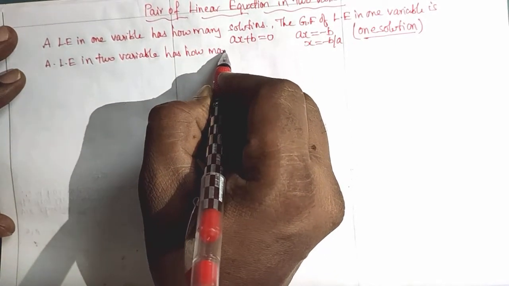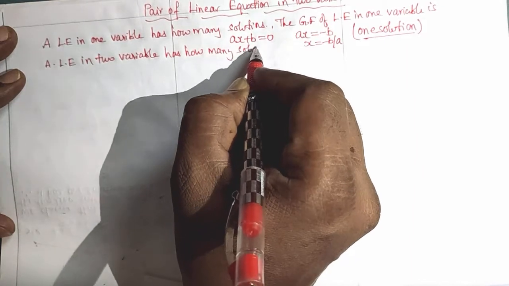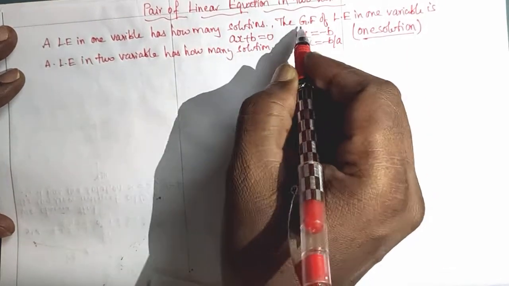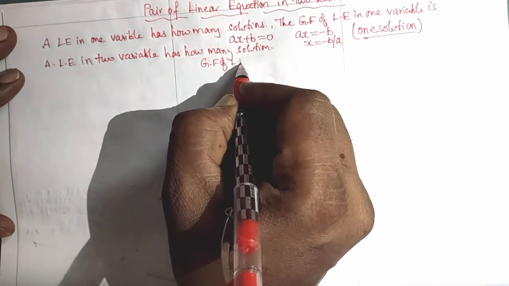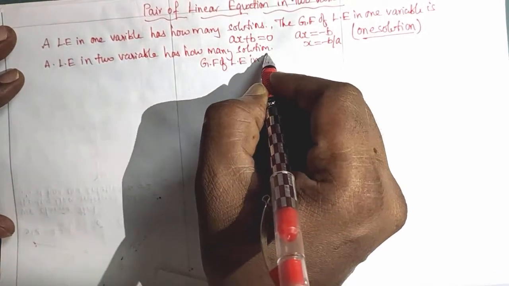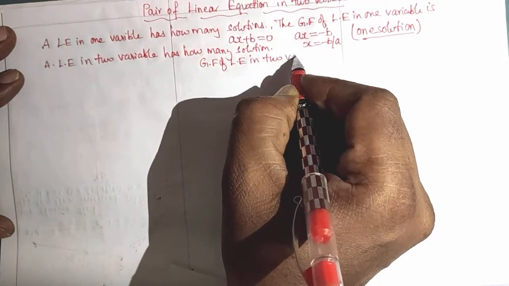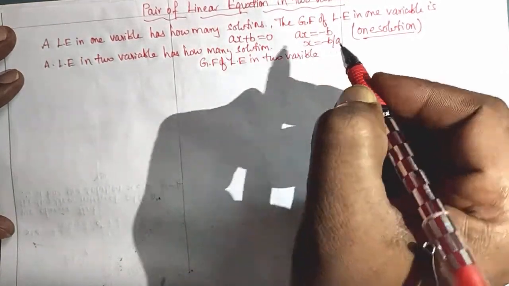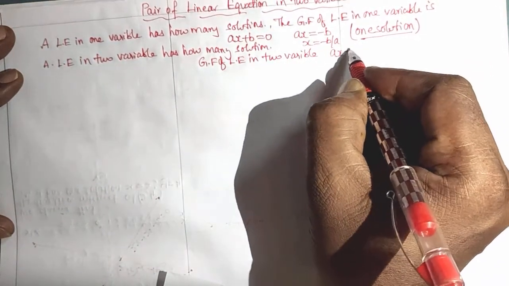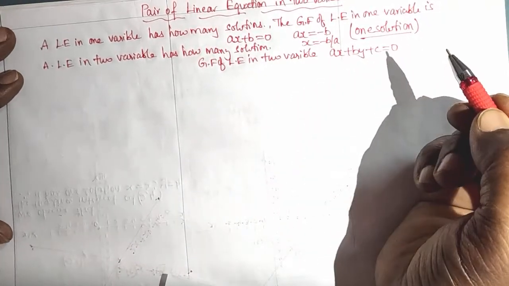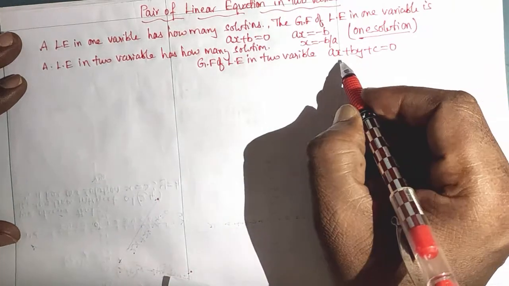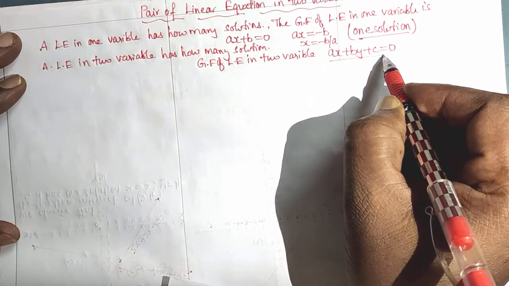I will write the general form of a linear equation in two variables. It is in the form ax plus by plus c is equal to 0. If you draw the graph of this equation also, we will get a straight line.